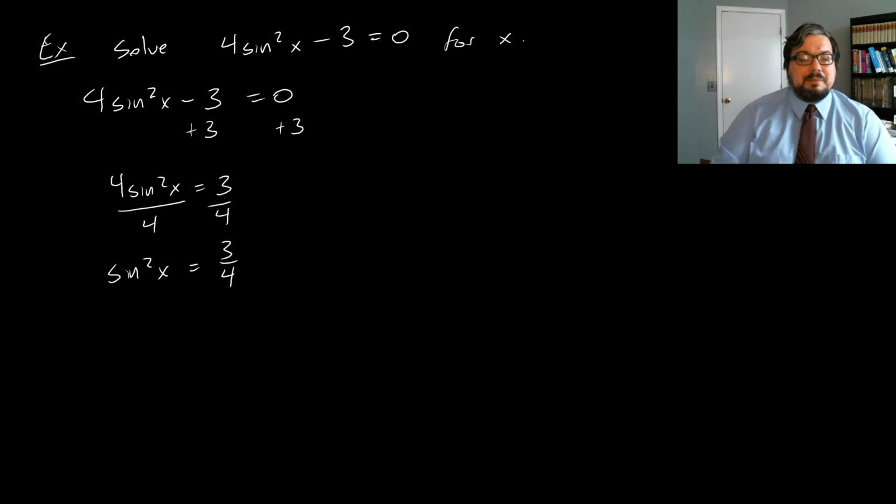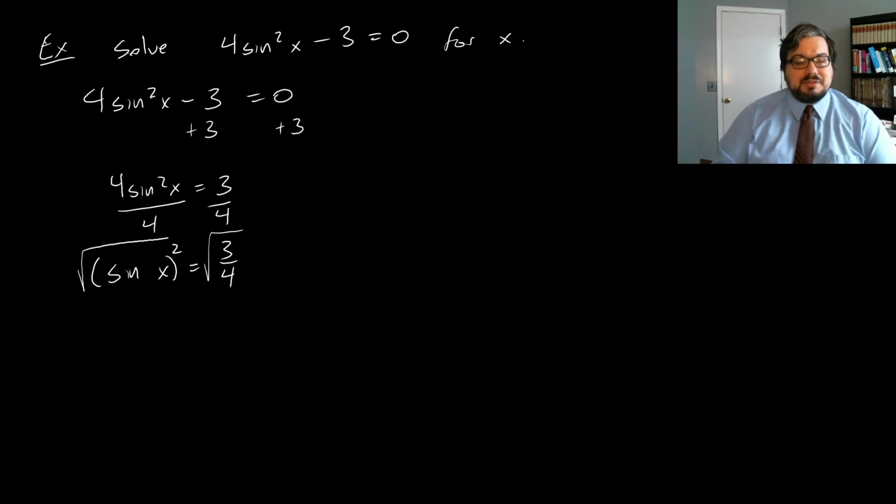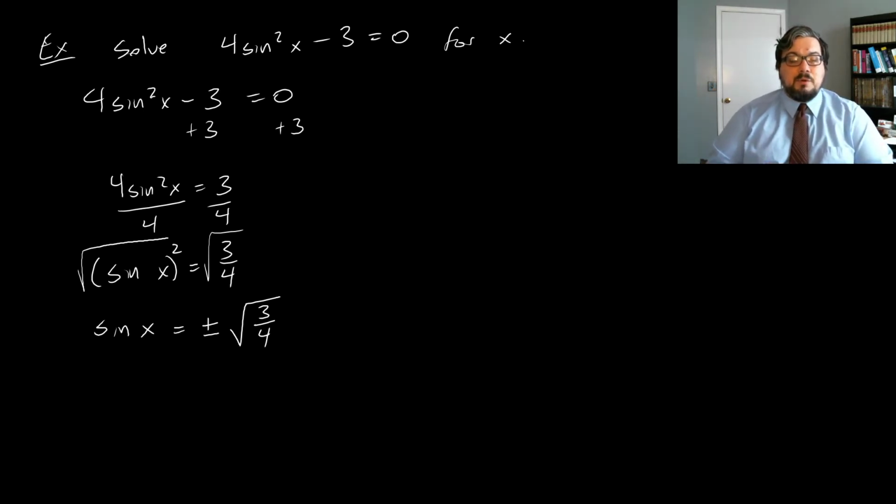And now here's where we remember that sine squared x is just another way of writing sine of x squared. So to get sine of x by itself, we're going to want to take the square root of both sides. But remember that when we introduce the square root, we have to include a plus or minus. So if sine squared is equal to 3/4, that means that sine has to be the square root of 3/4 or negative the square root of 3/4.